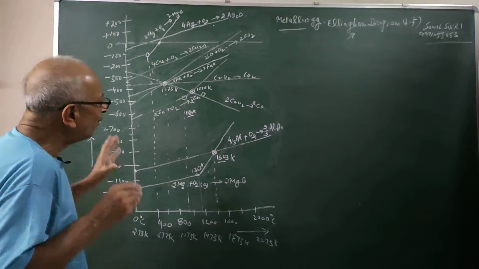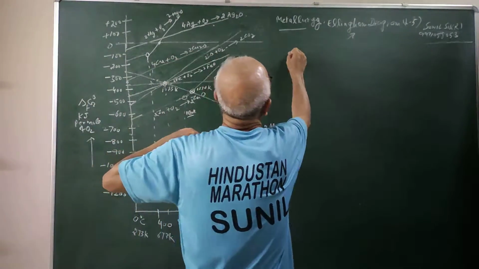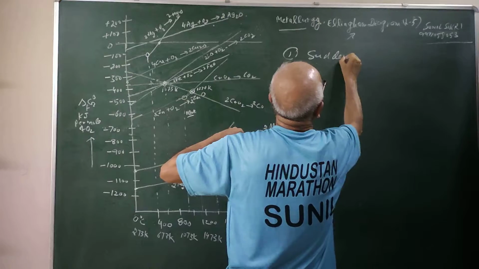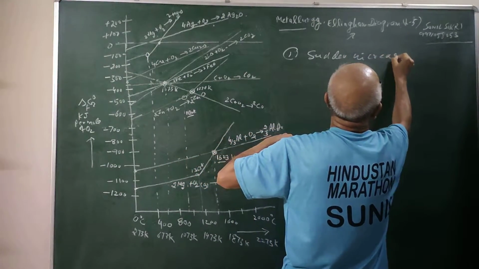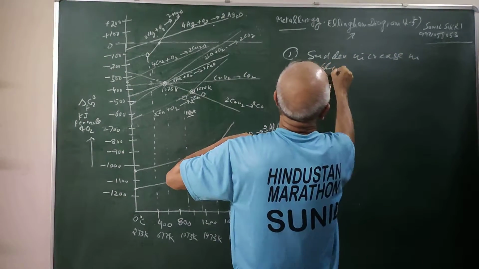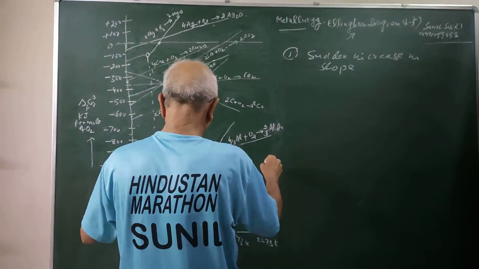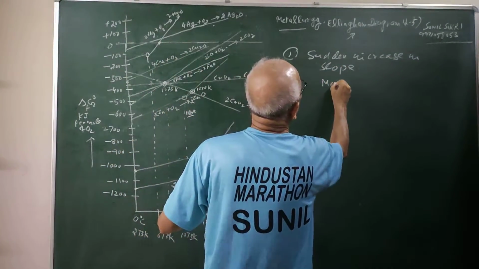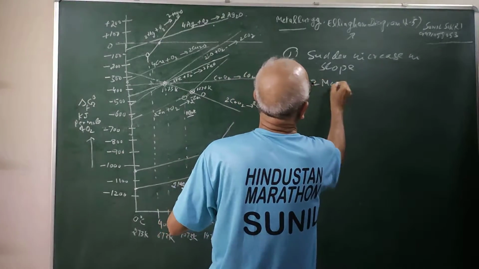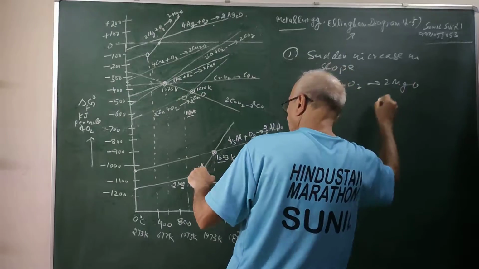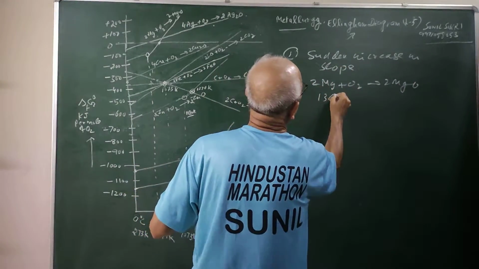So here the important point which we said is that there is a sudden increase in slope. For example, for magnesium, you can see 2 Mg + O2 giving 2 MgO at 1363 Kelvin.